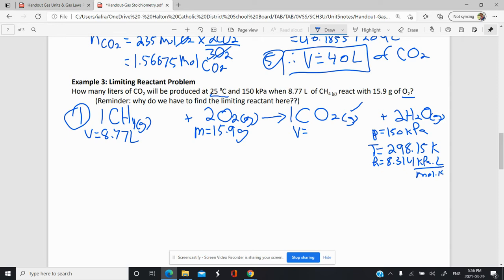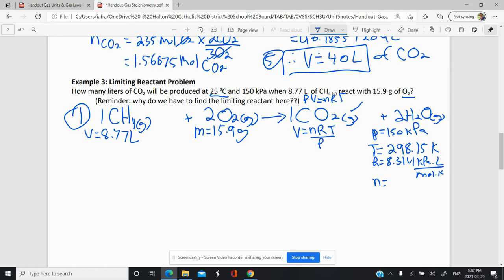And we want to find the volume. And so to find the volume, don't forget we need the moles. And to find the volume, remember that the equation is PV is equal to nRT. So the volume is equal to nRT over P, but we need n first.